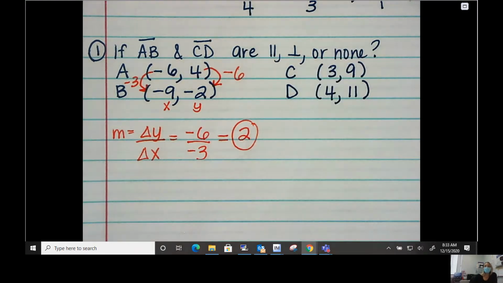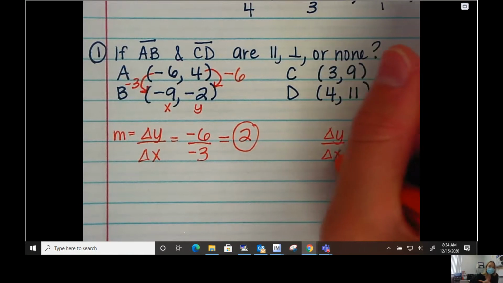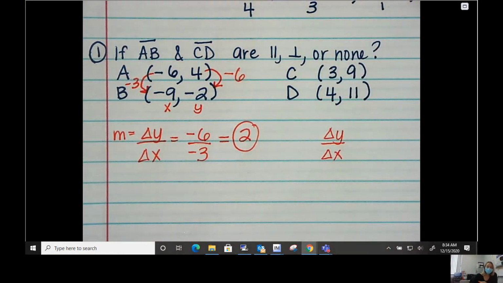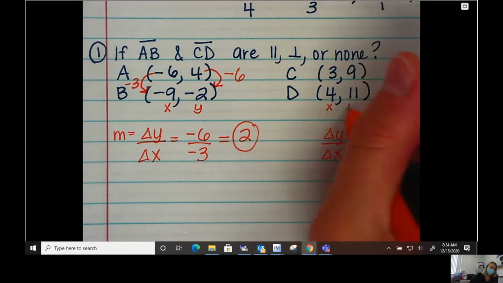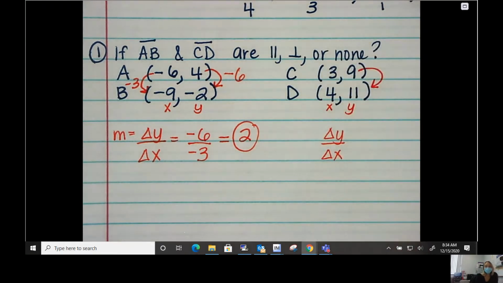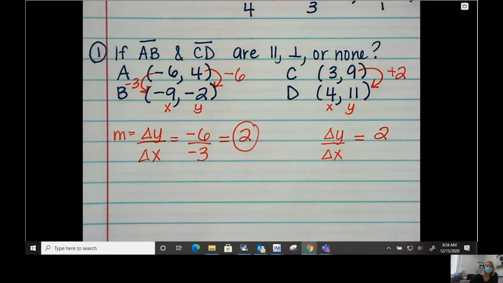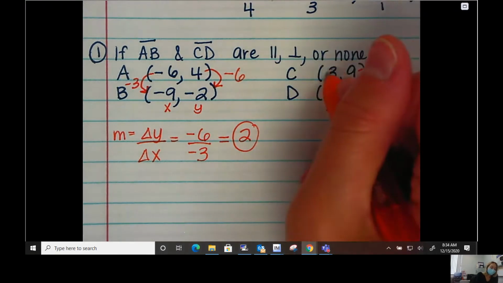Now we're going to do the same thing for C to D. We're going to see, is that slope the same or is it opposite reciprocals? So again, I'm going to do change of y over change of x. This one's easier. x is my first value, y's are my second value. How do you get from 9 to 11? What do you have to do? Add 2. Change of x, how do you get from 3 to 4?